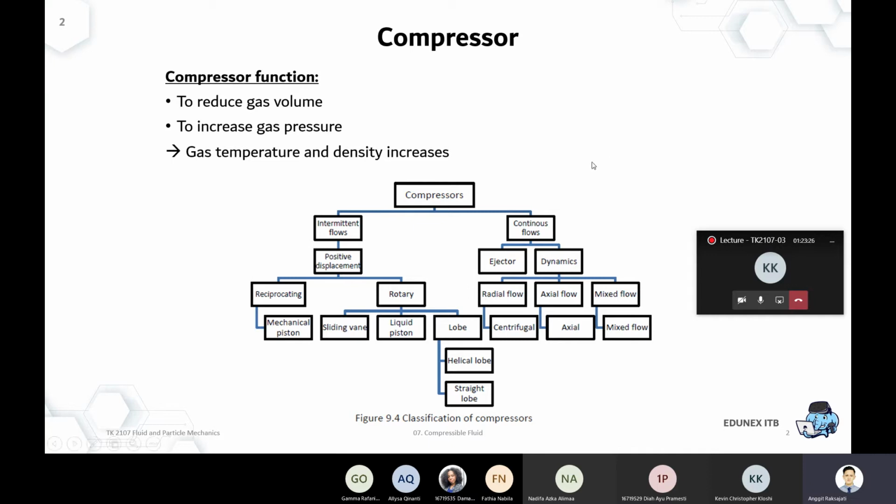So for the compressor itself, I think we need at least 3 hours. Today it's just the introduction of the types of compressor, and then next Tuesday we will use the time to learn the calculation of the compressor work, but then we need another 1 hour to practice, just like we did earlier for the pump.